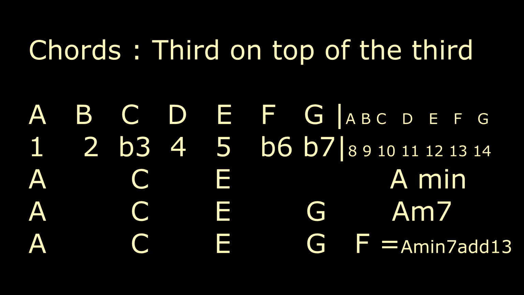So A minor 7 add 13 would be A, C, E, G, F. And if you look at the numbers, 1, 2, flat 3, 4, 5, flat 6, flat 7, you're going to notice another third is a 9. It's a B, which is a 2. Another third from 9 is a D, 11, which is the same as a 4. Another third is a 13, which is F, the same as a flat 6, right?